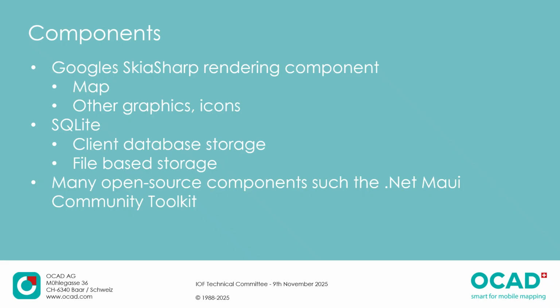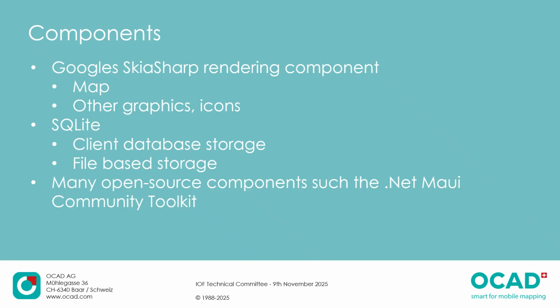We also make use of a few components. Two of the more important ones are Google's SkiaSharp rendering component. This is what we use to draw the map. And we also use that component for drawing other graphical elements, such as the icons, which are resizable. We also use a database on the device, one called SQLite.